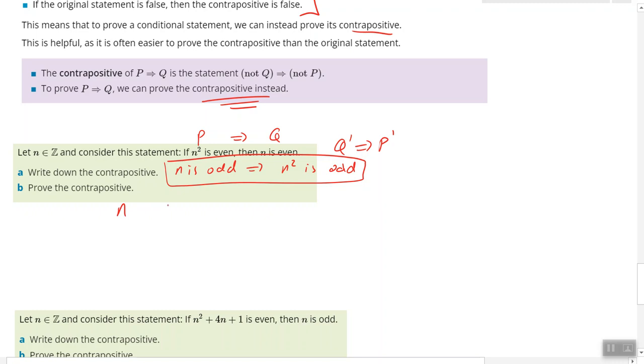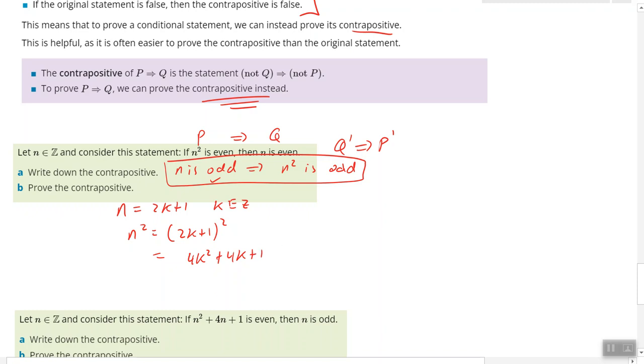Let n be an odd number, 2k plus 1, where k is an element of Z. So that's n odd, and we're assuming that's true. Then n squared equals 2k plus 1 squared, which equals 4k squared plus 4k plus 1.